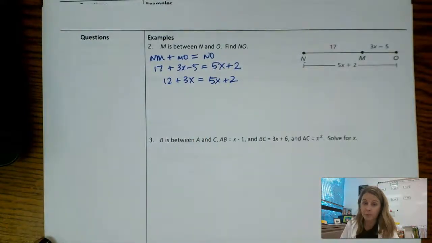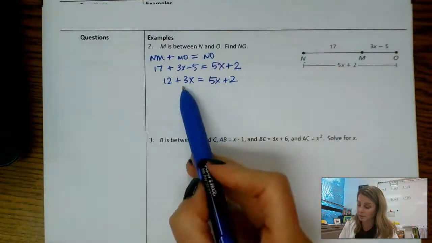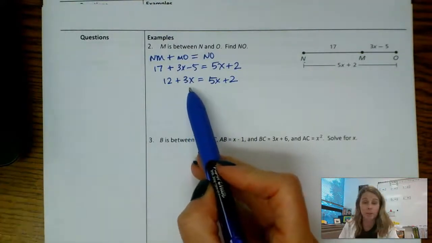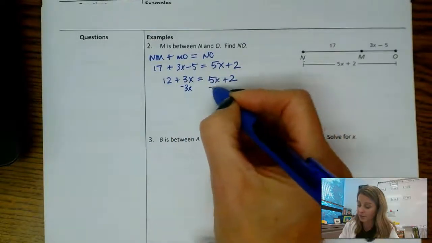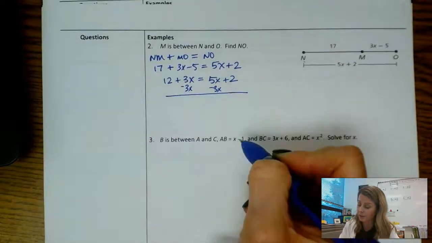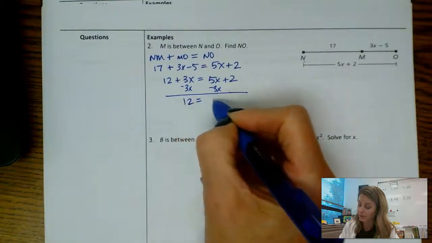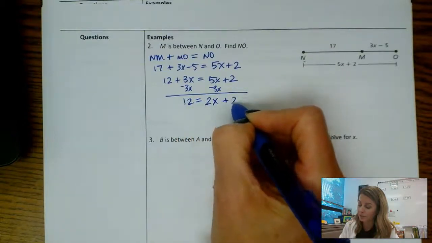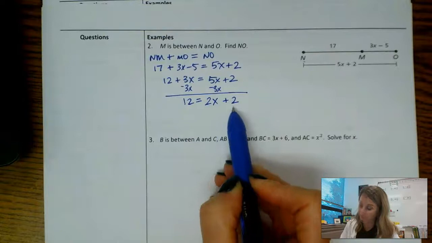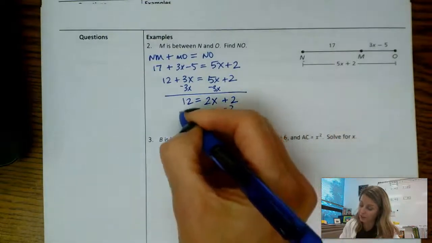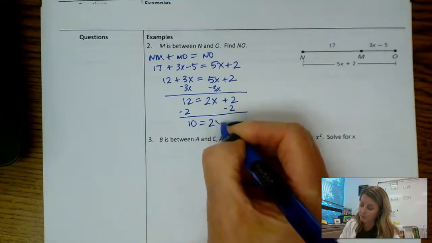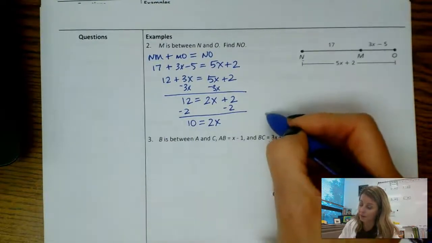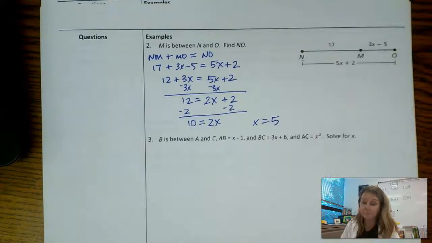We can do it in 2 steps or 1. I'm going to move my 3x over. If I take away 3x, that leaves me with 12 equals 2x plus 2. Then I take away 2, which gives me 10 equals 2x. When I divide off, I get x equals 5.